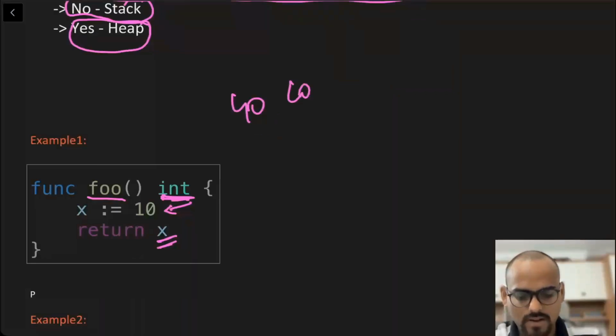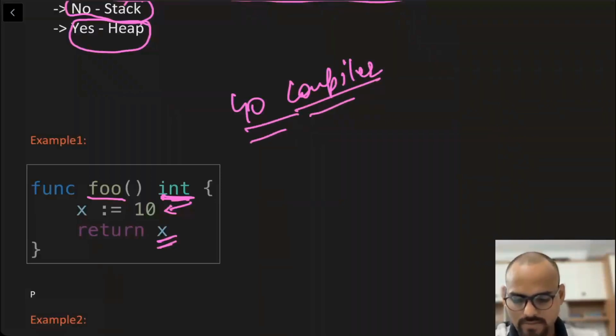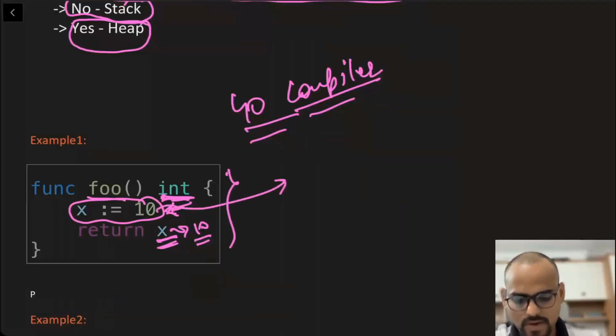The Go compiler. It will check that this function foo is just returning a value, which will be 10, so there is no point in any other piece of code trying to access this variable x. So this x will be allocated on the stack.